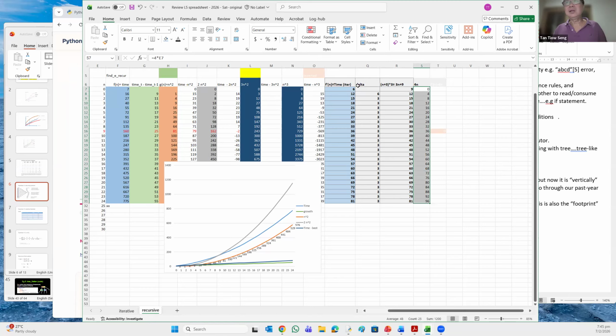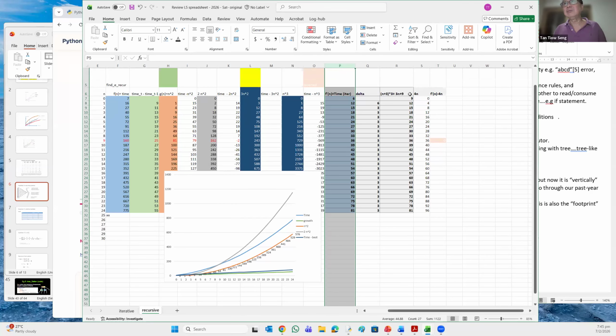And if you use 4n, you will get these numbers, right? 4n. When n is 1, you get 4. When n is 2, you get 8, and so on. Then if you take this function, which is this column, minus 4n, you will get all these numbers. You can see that there's a 0, they're decreasing until it's all negative, which means that the function 4n is on top of this f n.